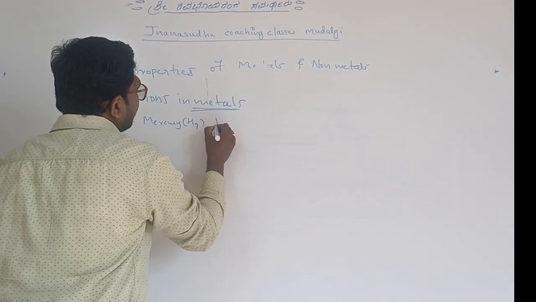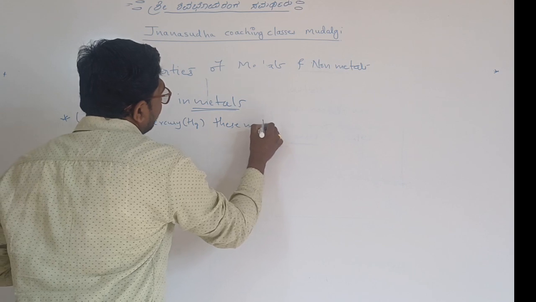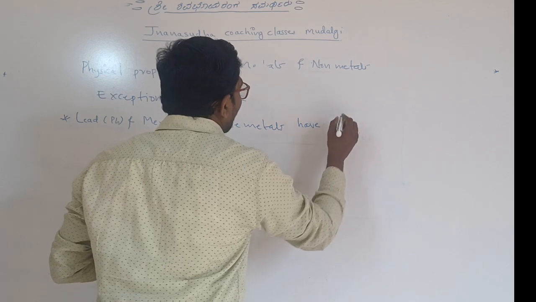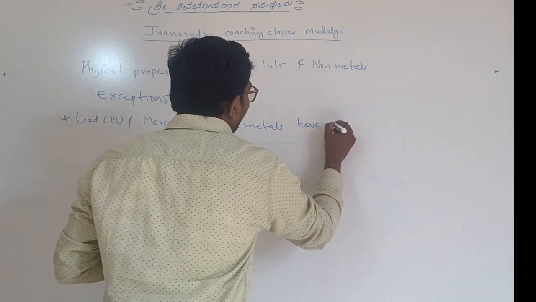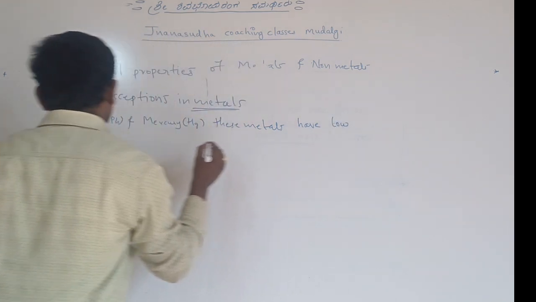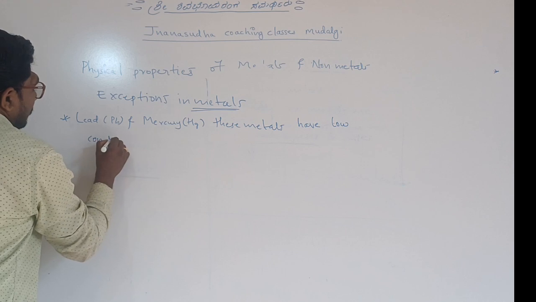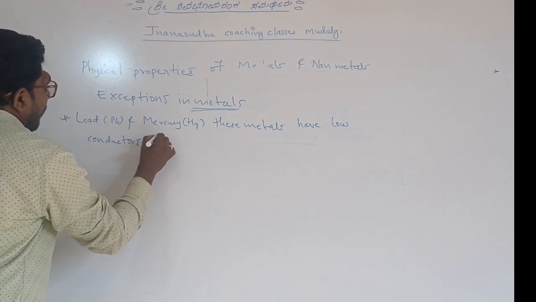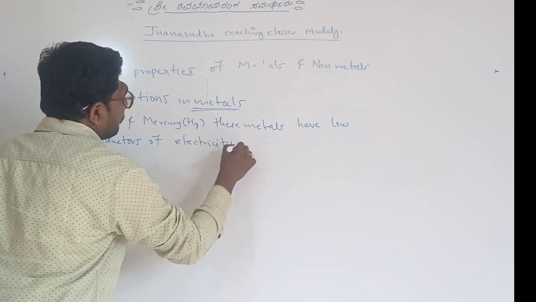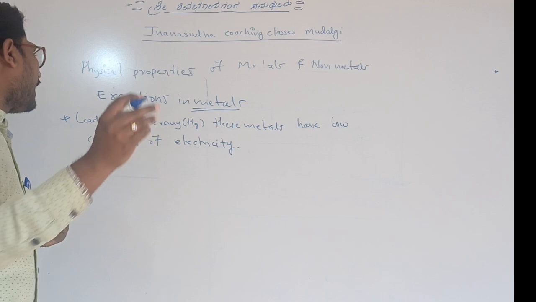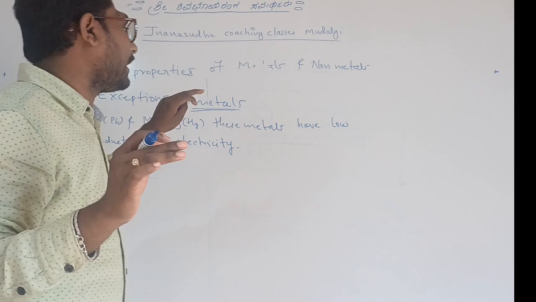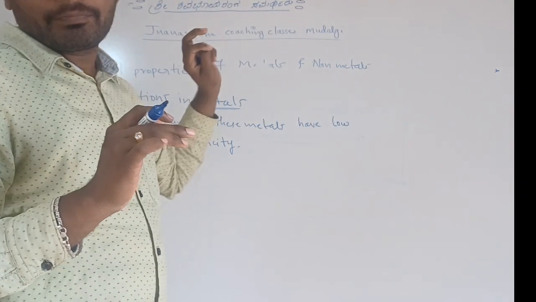These metals are poor conductors of electricity. This is an exception. Almost all metals are good conductors of electricity, but lead and mercury are poor conductors.